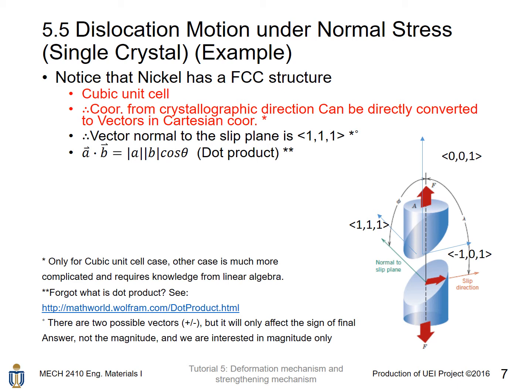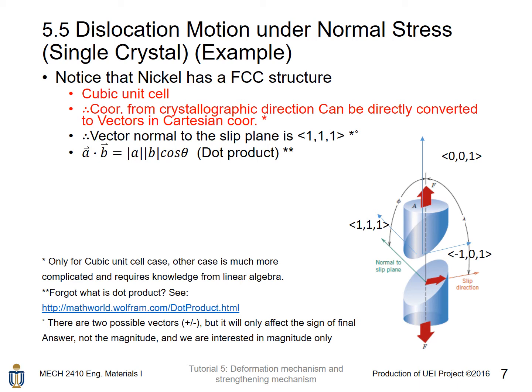And be careful, this one is the mathematical format for Cartesian vectors. It is no longer a crystallographic direction. This one is a Cartesian vector which has the same direction as those crystallographic directions.